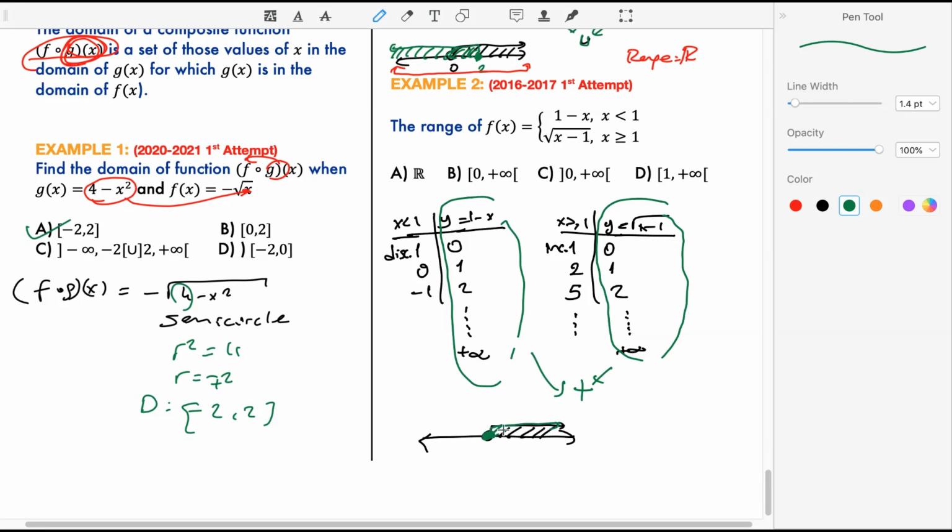Shade the right side. So it seems I shaded only 0 and the right side of 0. So its range becomes 0 to infinity. 0 is included. 1 excluded, 1 included makes included. 0 to infinity. Option B will be the answer.